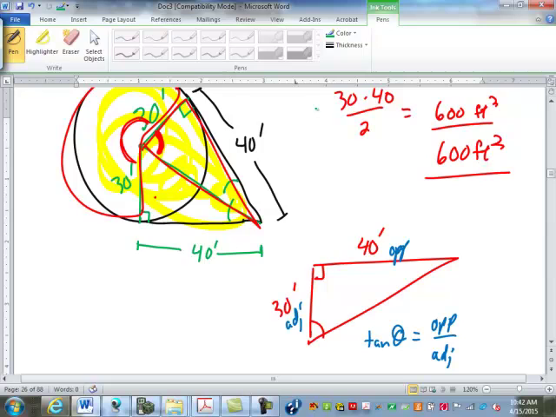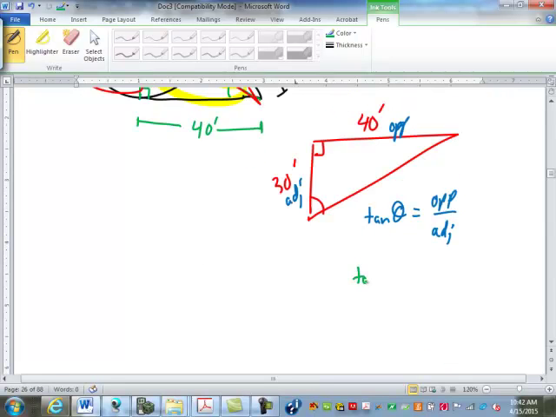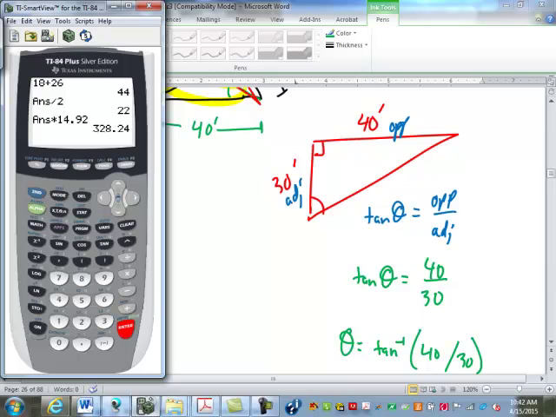I don't know the angle. That's what I'm looking for. Opposite side is 40, adjacent side is 30. So my angle is the inverse tangent of 40 divided by 30. Second tangent, 40 divided by 30. 53.13 degrees.